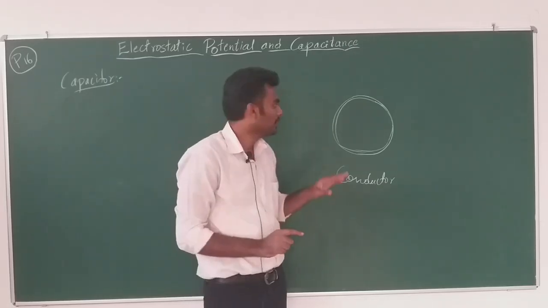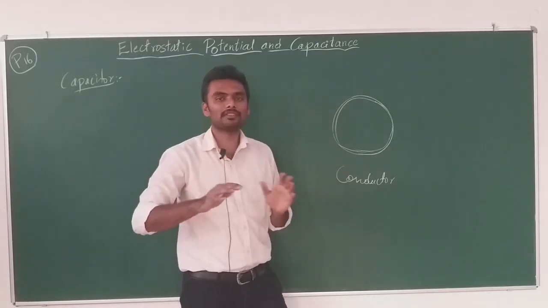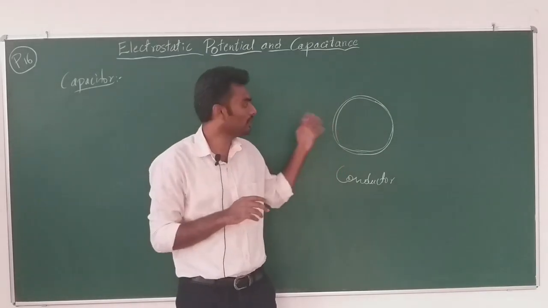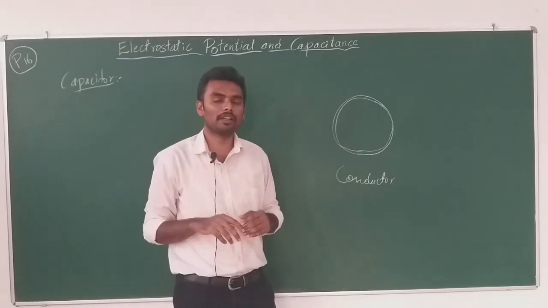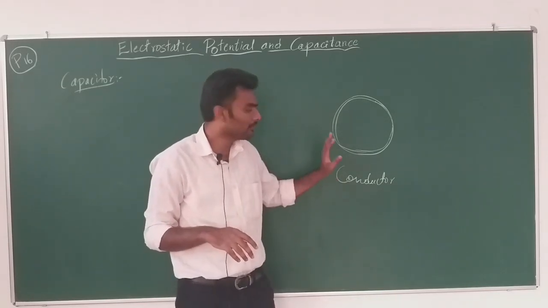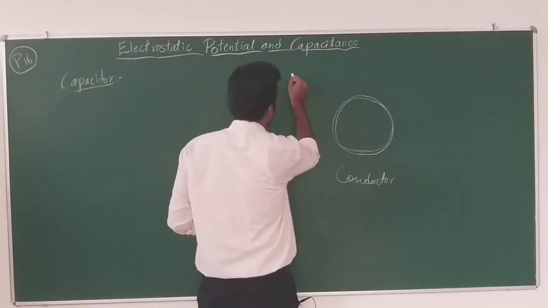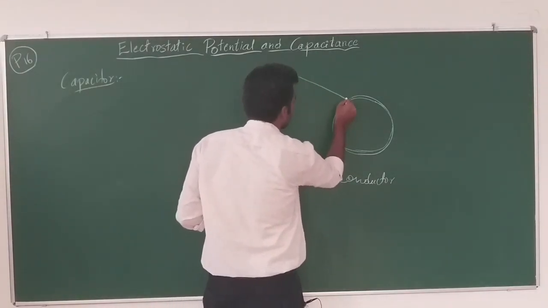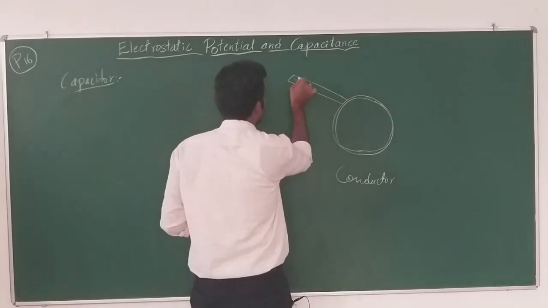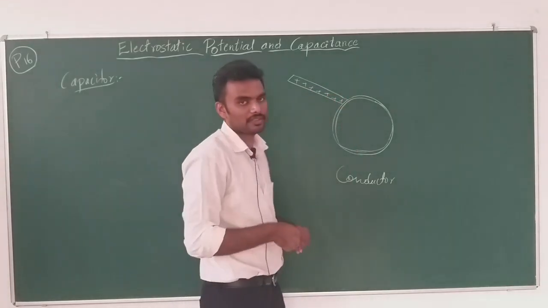Because finally, my intention is to charge the body to a higher value, as high an amount of charge as possible. So that is why I will be going for conduction now. So now what I'll do, I'll bring a charged conductor in contact with this body which I need to be charged.